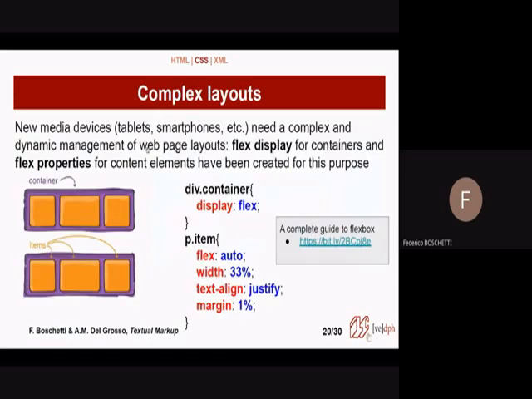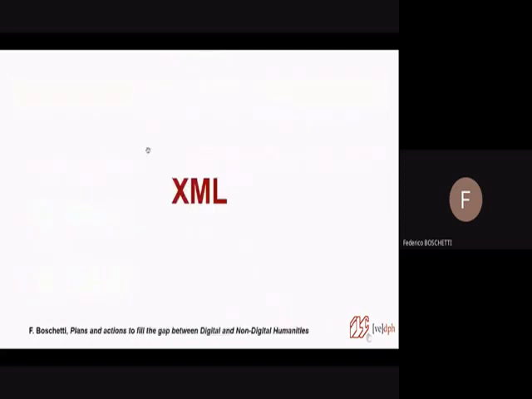Complex layouts can be rendered by the flex properties, but I don't enter in details, because it's better that we start discussing a little bit XML, the third technology that we will discuss today.